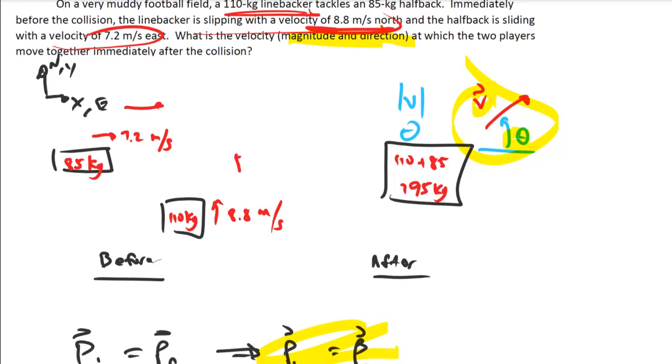I have here the x. I'll start out in the x direction. The x momentum, looking at this, this is just in the y direction, right? So that one will play no role in the x component momentum. It'll be only this one here, right? So just the 85 kilograms at 7.2 meters per second.